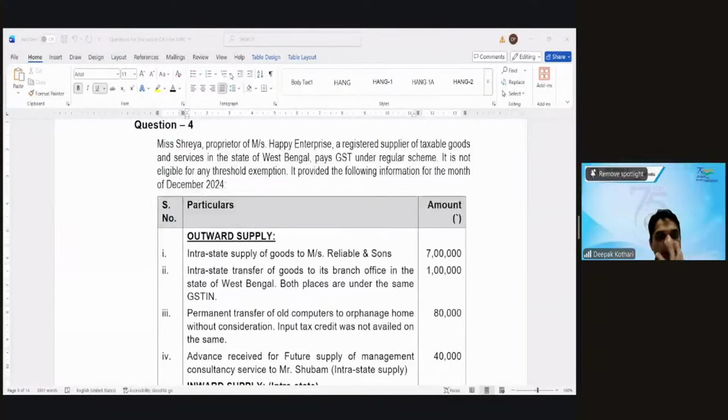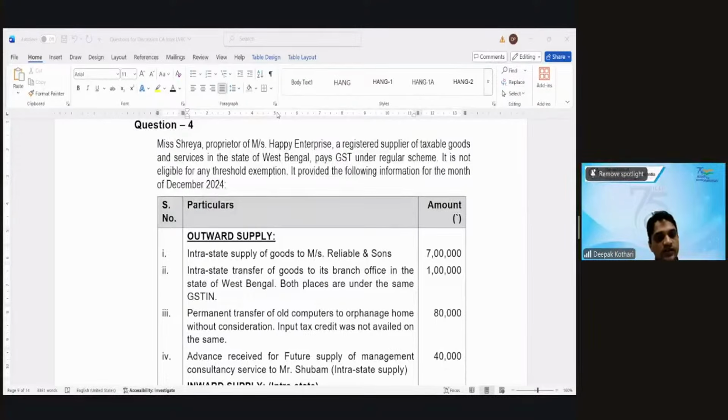Second one, Somesh and Lavanya are saying no GST payable. Why so? Same state with same GST.